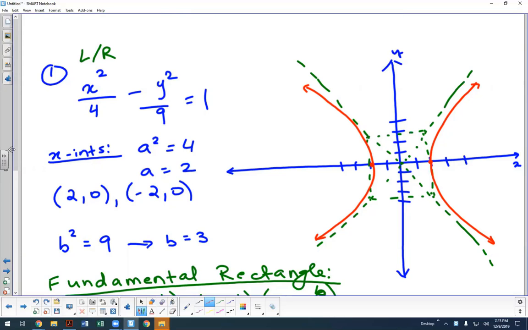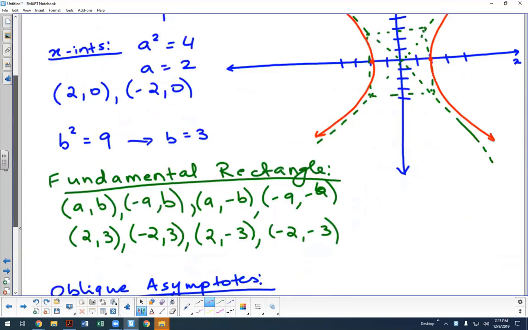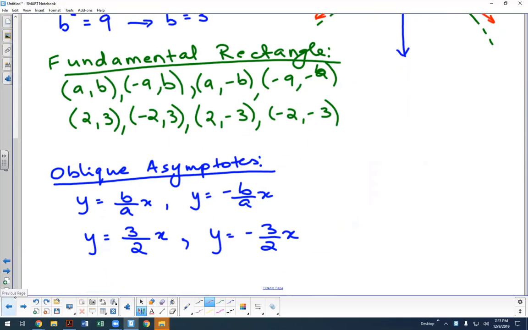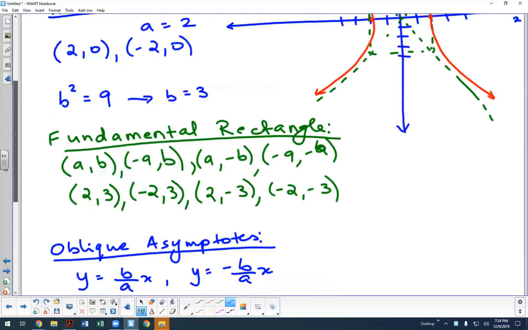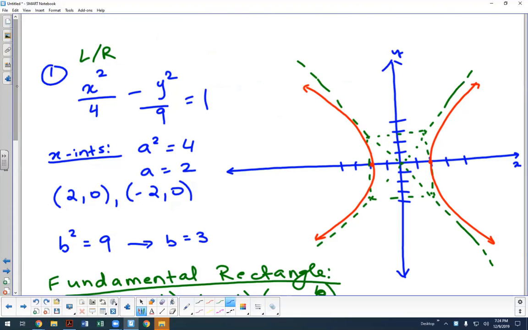Now, we've got our graph, we've got our oblique asymptotes. The only thing we are missing is the foci. So for the foci, remember this is where our relationship comes into place. This is the Pythagorean theorem, so that's a squared plus b squared equals c squared to help us remember the relationship. A squared was of course coming from 4, b squared was coming from 9, and remember those were our original denominators for the equation.